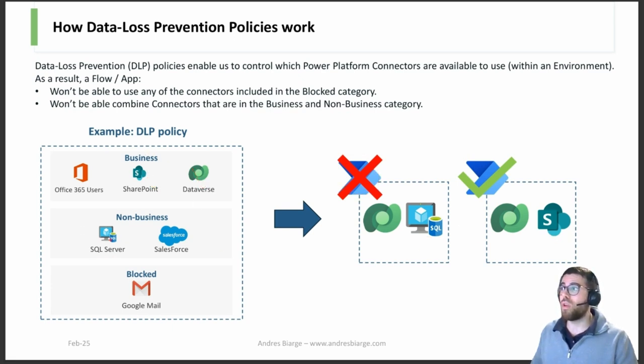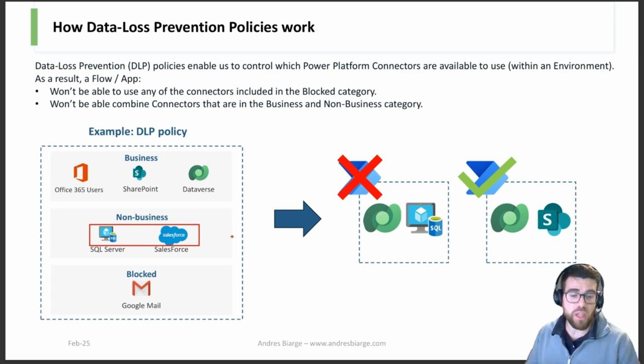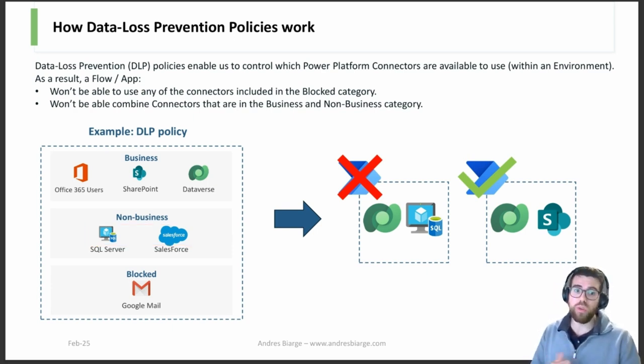It would be the same if we had, for example, a flow that uses SQL and Salesforce because they are in the non-business. So then it has a match inside the flow, at flow level. And again, a DLP applies to a certain environment, so it's not global to all the organization. And that's why we want to understand how to combine them and how to apply them into different environments.